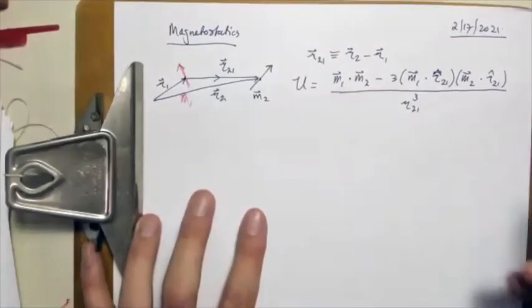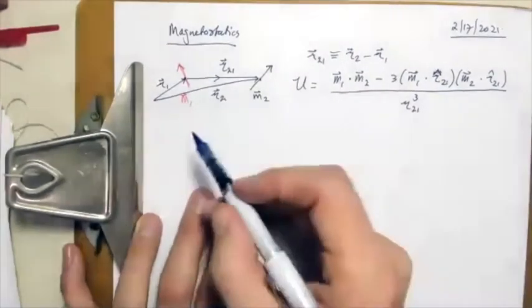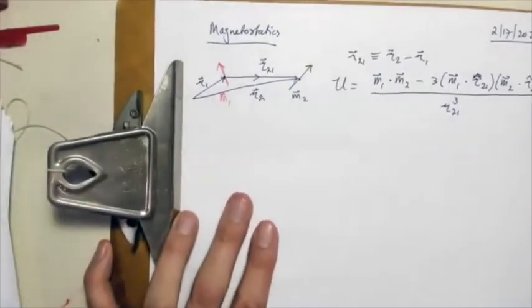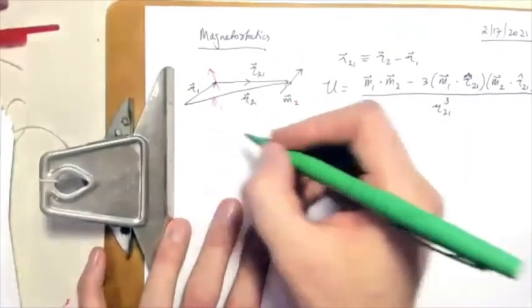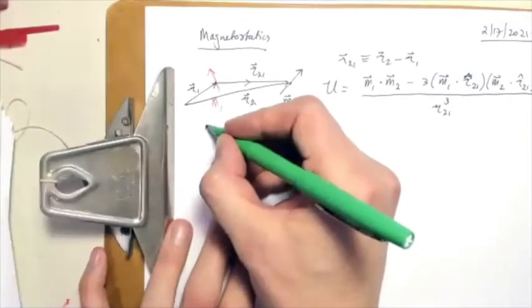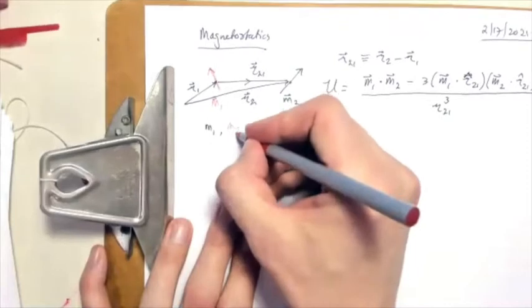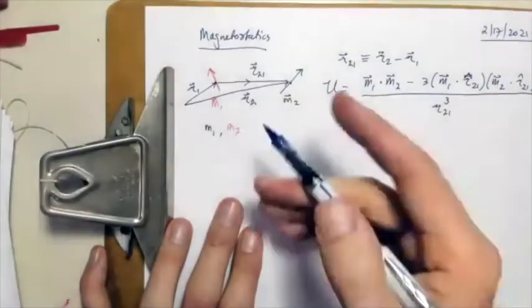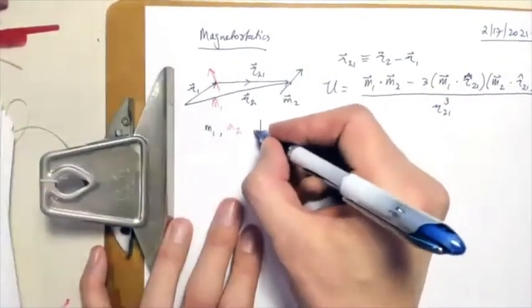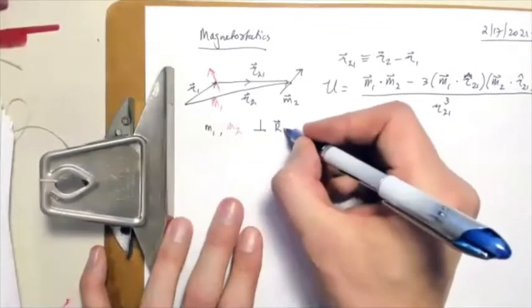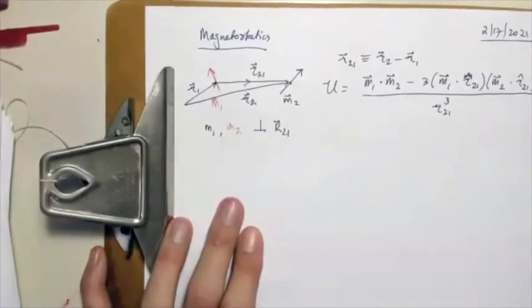So let's look at some limiting cases. So for instance, if we have an M1 and an M2, and let's say that they are both perpendicular to that R21.